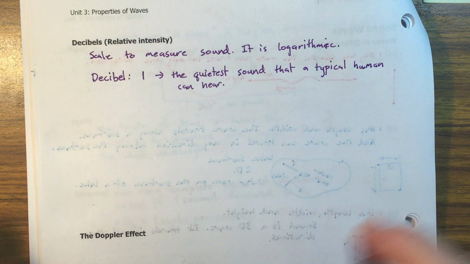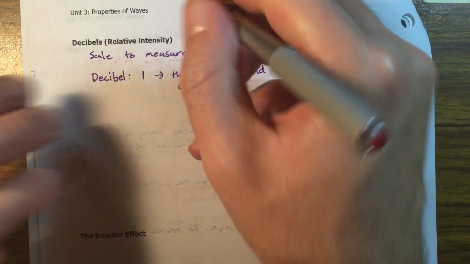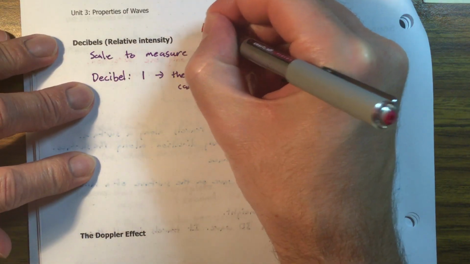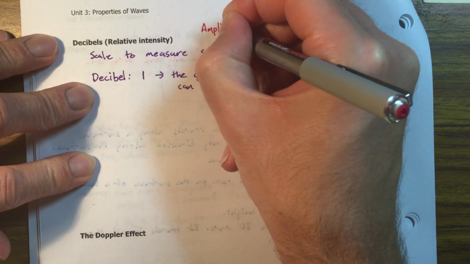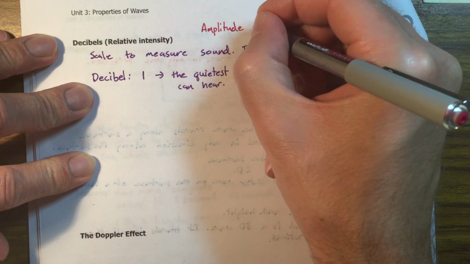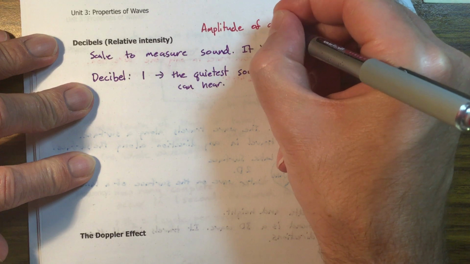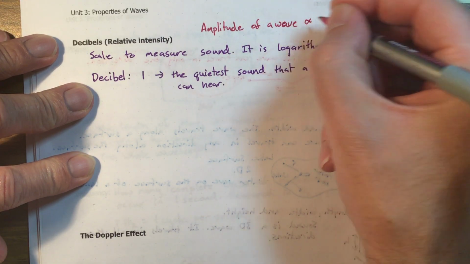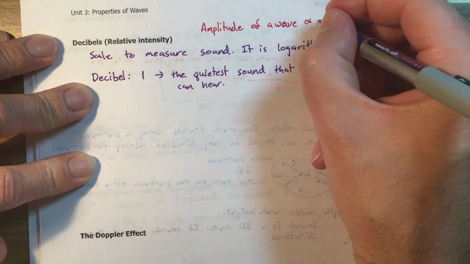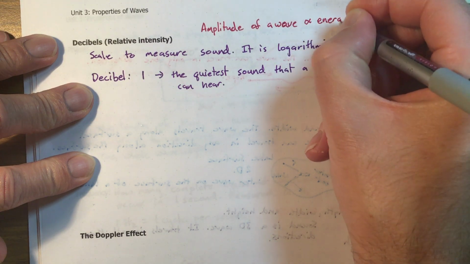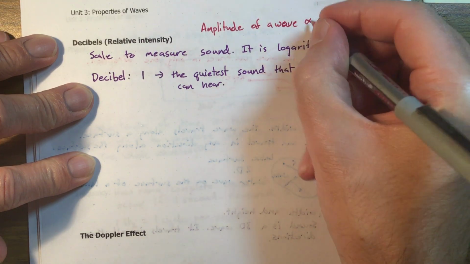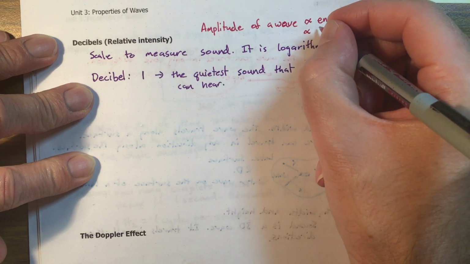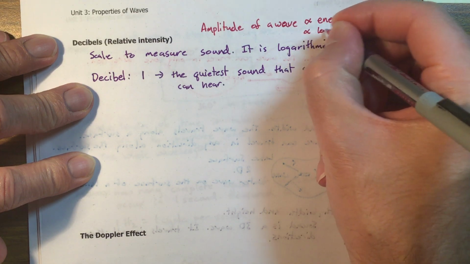Now, amplitude, if you remember, the amplitude of a wave is proportional to the energy of the wave. And we also say the amplitude of a wave is proportional to the loudness of the sound.